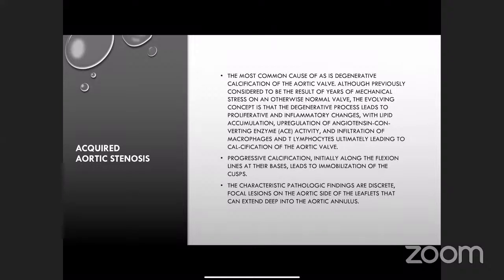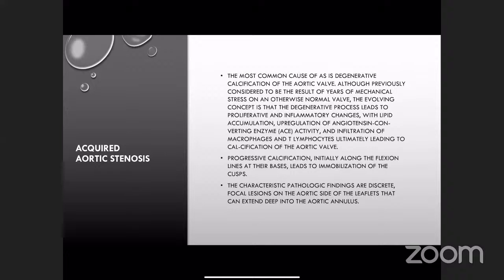The evolving concept is that the degenerative process leads to proliferative and inflammatory changes with lipid accumulation, upregulation of angiotensin converting enzyme activity, and infiltration of macrophages and T lymphocytes, ultimately leading to calcification of the aortic valve.